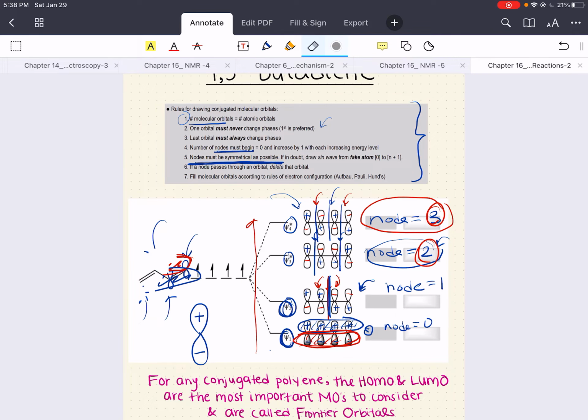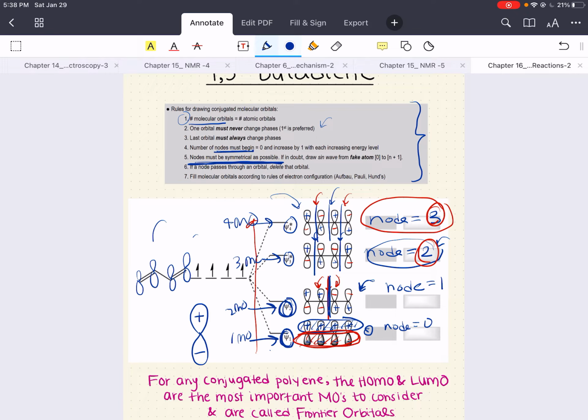From the start, our conjugated diene has 4 atomic p orbitals that form this conjugated system. That means we have to draw 4 MOs, 4 molecular orbitals for 1,3-butadiene because it has 4 atomic orbitals.